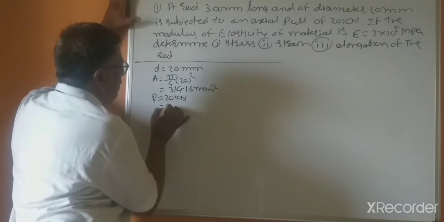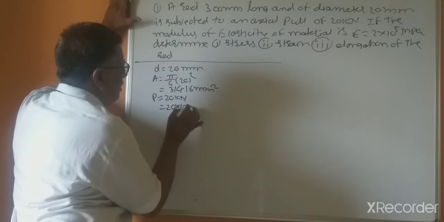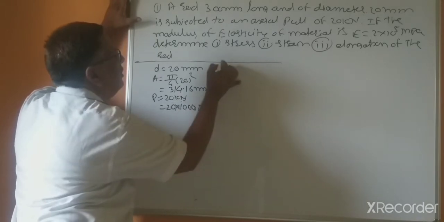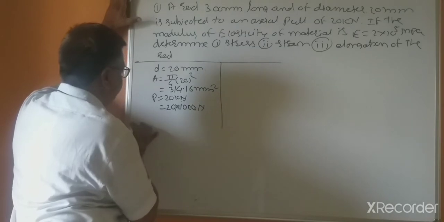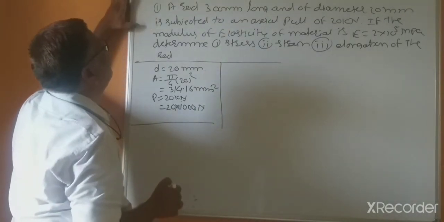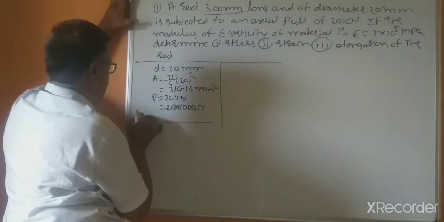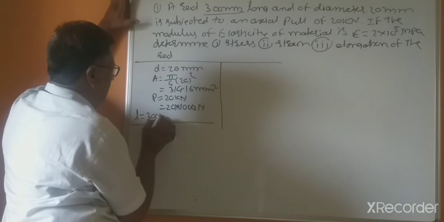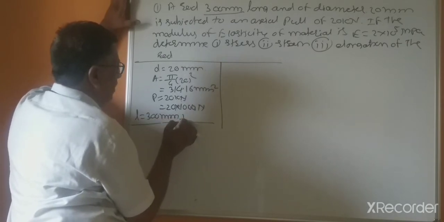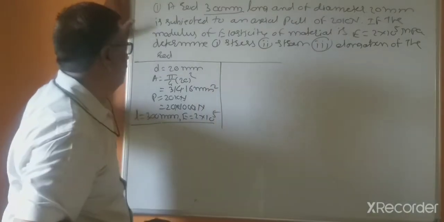Kilonewtons means multiplied by 1000, this is for conversion of kilonewton to Newton. This is the given data. And length L equal to 300 mm and E equal to 2 into 10 to the power 5.